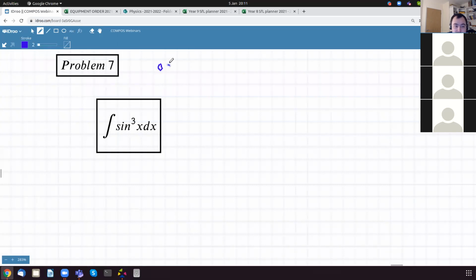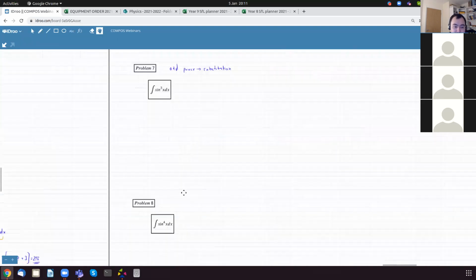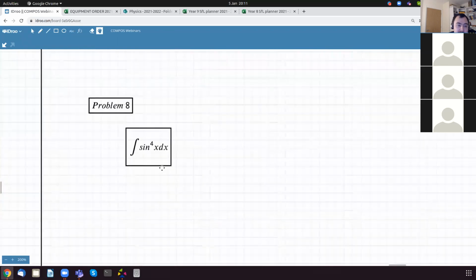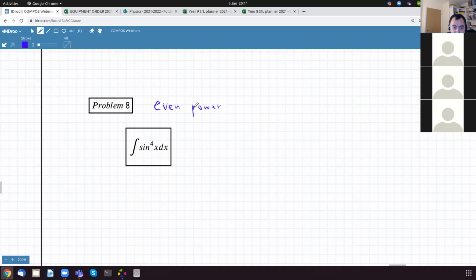Odd power, you need substitution. And if you have an even power, you need to use trig identities.